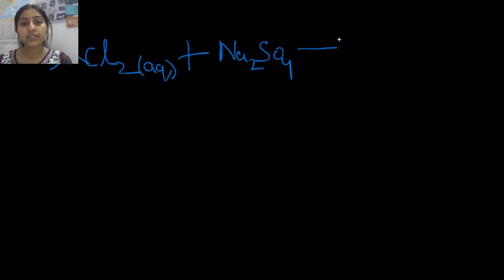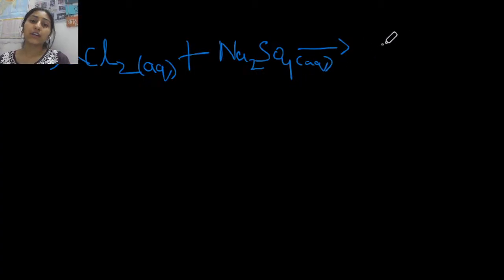Then barium chloride is reacting with sodium sulfate. Sodium is Na, sulfate is SO4, so sodium sulfate is Na2SO4, right? Both of these are reacting. Sodium sulfate is again aqueous.